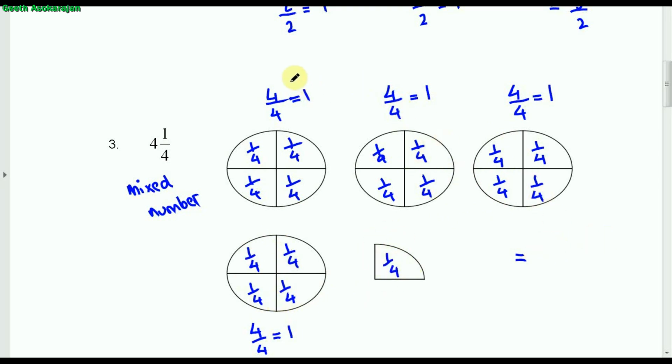So let me write down the calculation so that you can see it. You've got 4/4 from here plus another 4/4 from here plus another 4/4 from here plus another 4/4 from here plus 1/4.